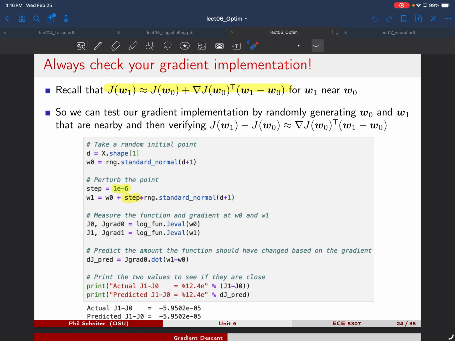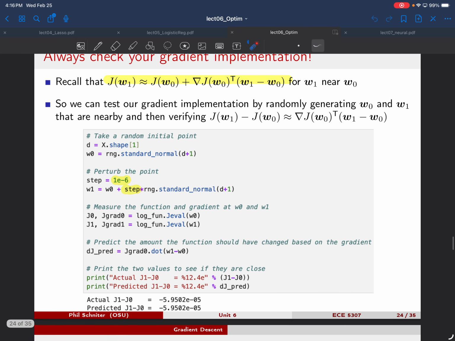You create two different points, vectors W0, W1, that are near each other. And then you can implement this using the cost alone, this using your gradient expression, and these things better be equal to a few decimal places.